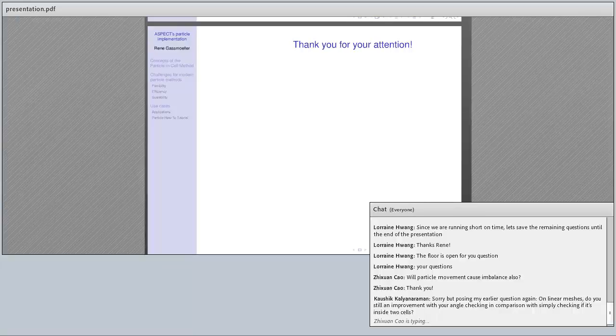On linear meshes, do you still see an improvement with the angle checking in comparison to simply checking if it's inside two cells? That depends. I suppose you mean by linear meshes that have straight cell boundaries.